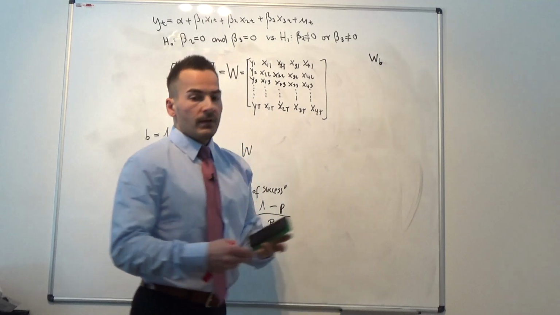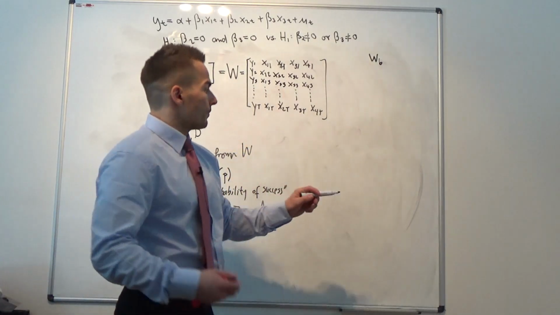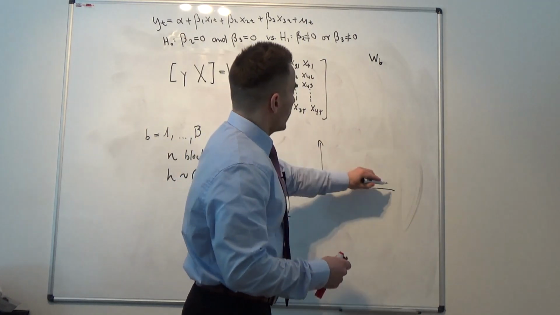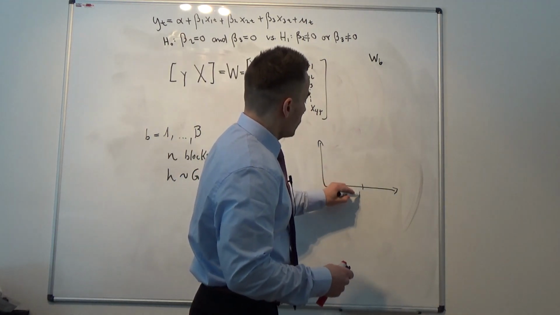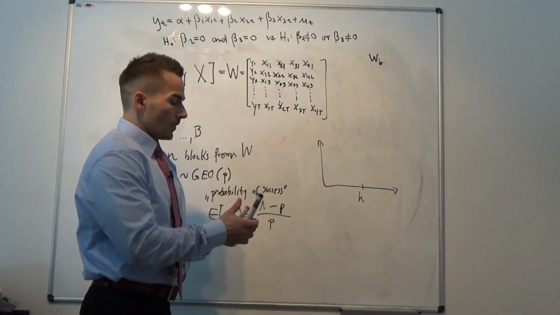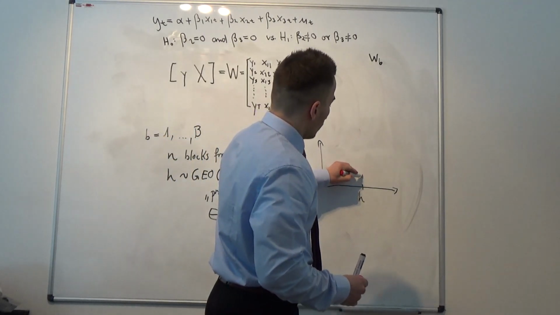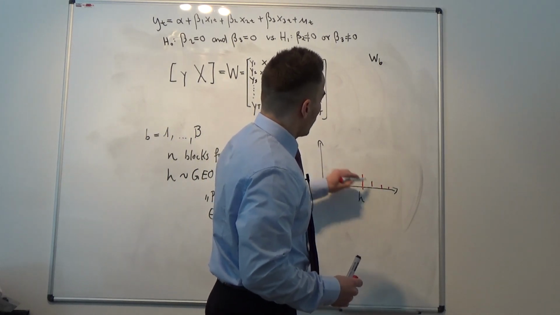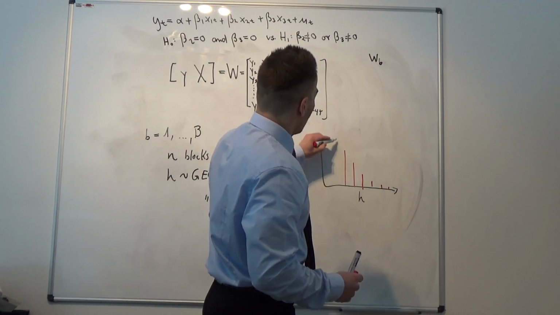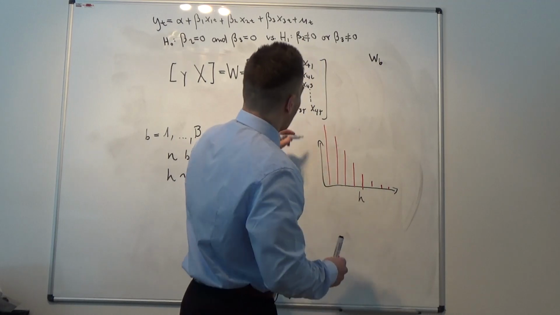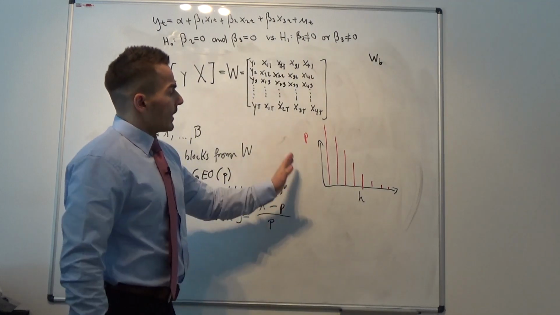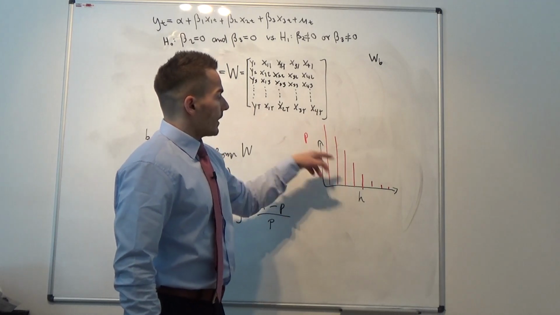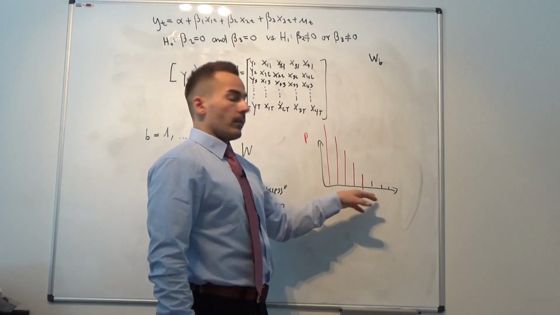The feature of the geometric distribution is that, let's say we have an expected block length h, and this can be any number, let's say it's 10 or something. Then the probability that we have blocks smaller than h is obviously much larger than having blocks longer than h.